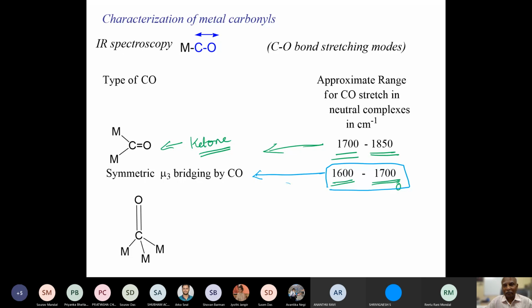So depending on the metal, depending on the charge on the complex, we're going to see this in greater detail soon, depending on the other ligands which are present on the metal, all these factors play a role. The stretching frequency can come down by a very large value for bridging carbon monoxides. So you can recognize the presence of bridging carbon monoxides purely from the stretching frequency.